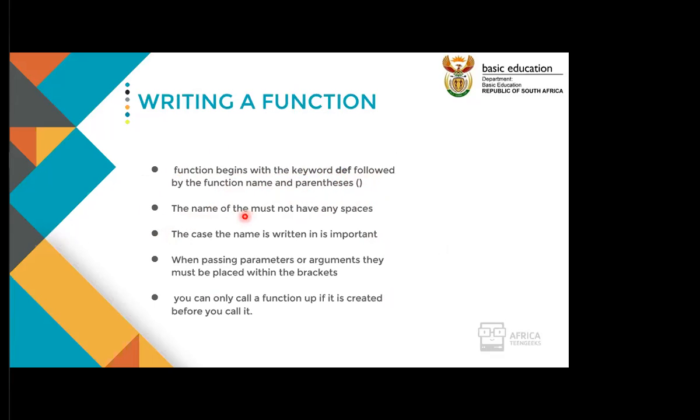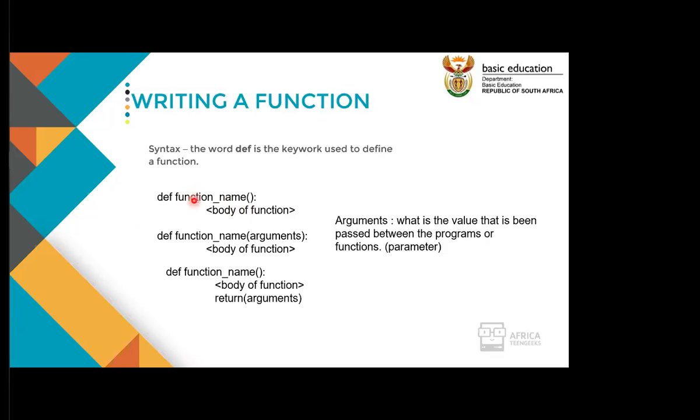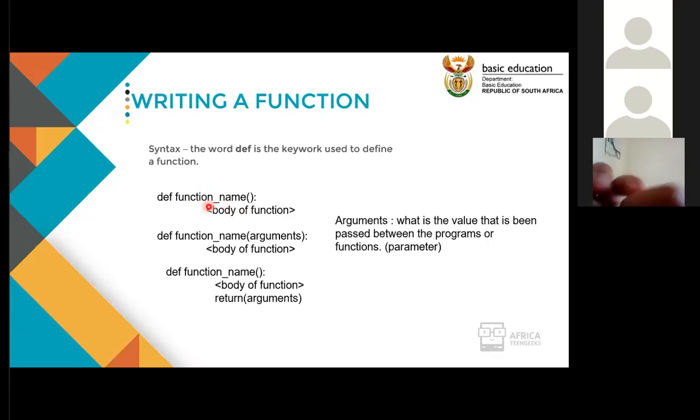The name of the function must not have any spaces. So this name that you have here must not have a space. If you want something separating it, you can put an underscore, that's perfectly acceptable. But no spaces.